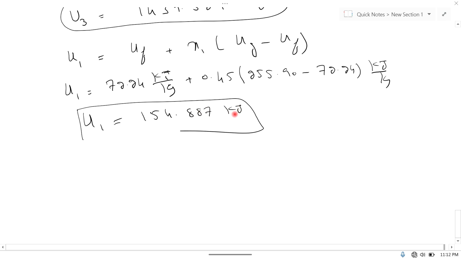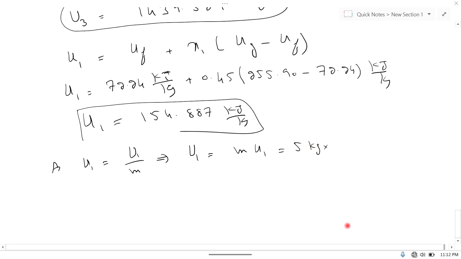Now we can find total internal energy, as U1 is equal to total internal energy divided by mass. So total internal energy is equal to mass multiplied by specific U1. Mass is 5 kilogram and U1 is 154.887 kilojoule per kg.